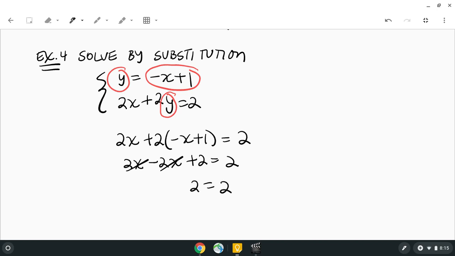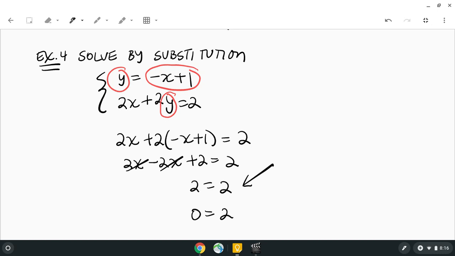So my variables disappeared. When your variables disappear, one of two things happens. You either get the same number on both sides, 2 equals 2, or you get two different numbers, so maybe you get something like 0 equals 2.